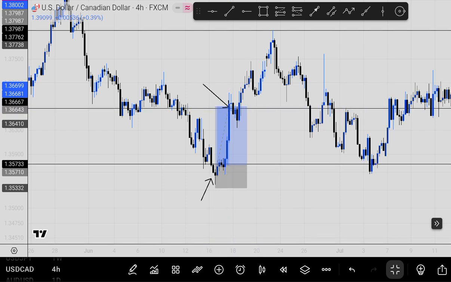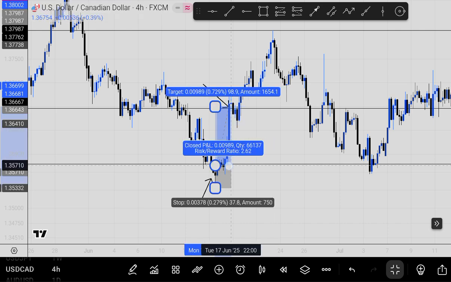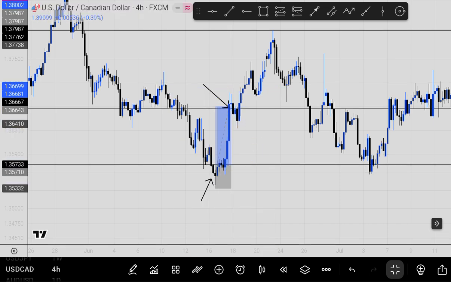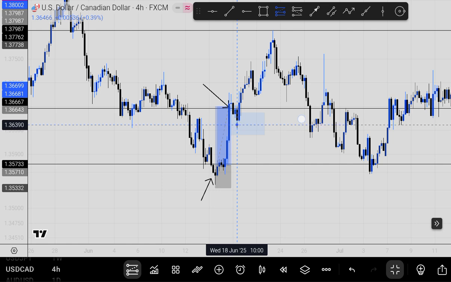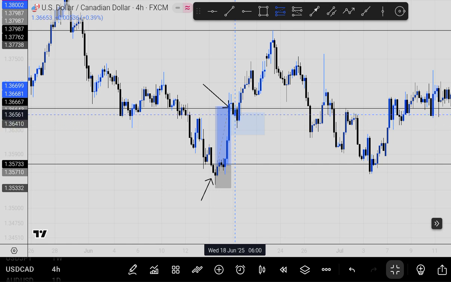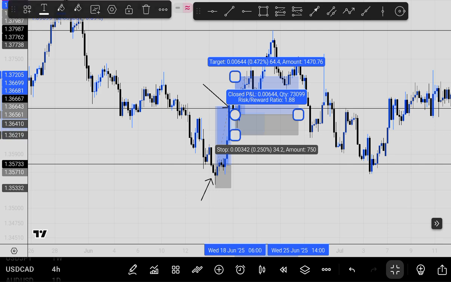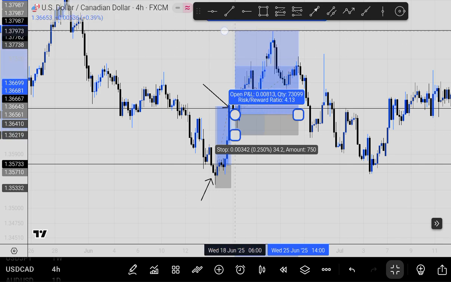Then you wait for the retest. You wait for the retest because we have something we call the fair value gap. Now you can see there is a fair value gap in this way. You can trade the fair value gap because that is the point where there is a tendency for the market to react and reverse. Then you trade to this next zone here.